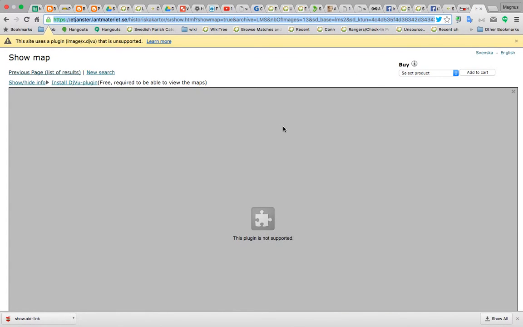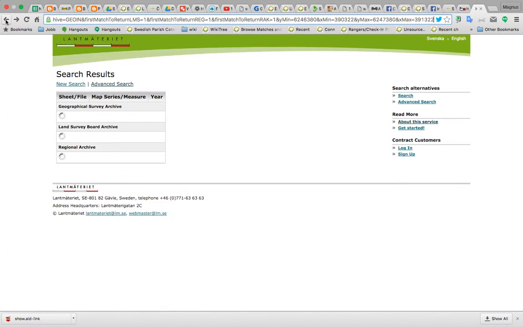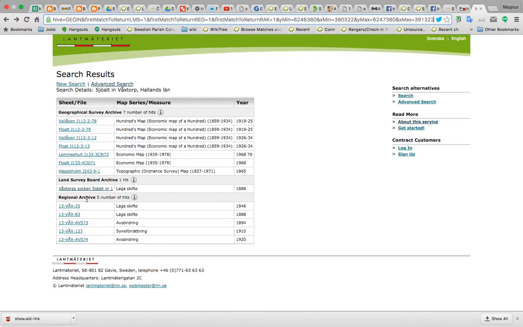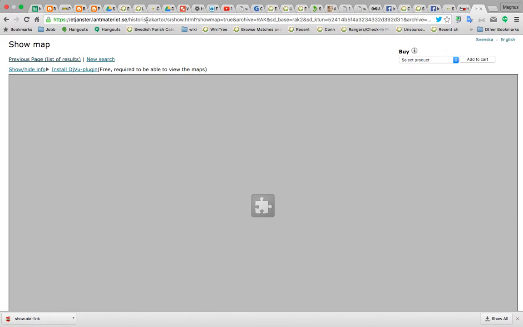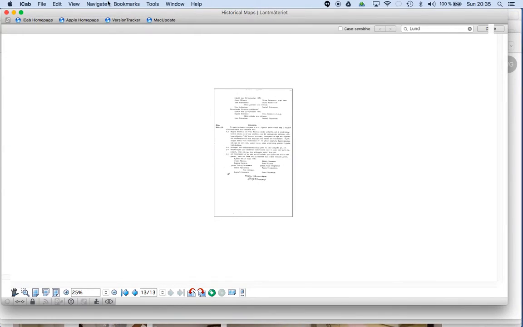If we look at other friends here, then we had regional archives from 1846. The oldest map we have is from 1865. Normally they are rather big in scale, or what you say. Here we have a document we can read. It was rather slow.